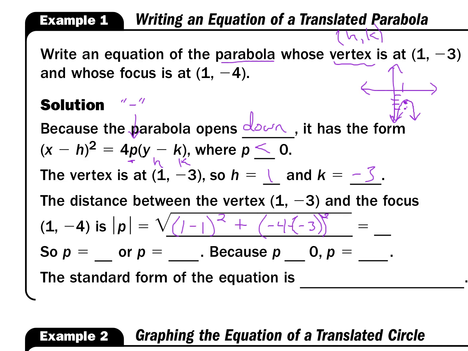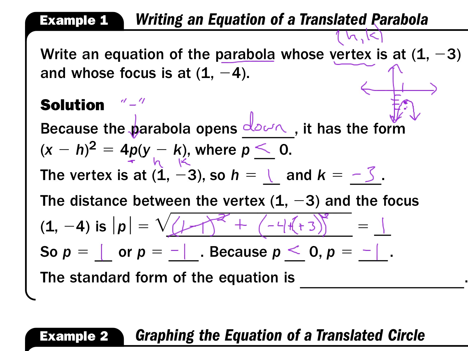Okay, so 1 minus 1 is 0, 0 squared is 0, so that just goes away. Negative 4 minus negative 3, well that's the same as saying negative 4 plus 3, which is negative 1. Negative 1 squared is just 1, and the square root of 1 is 1. So p is equal to 1 or negative 1. But because we know that p is less than 0, p must be equal to negative 1.